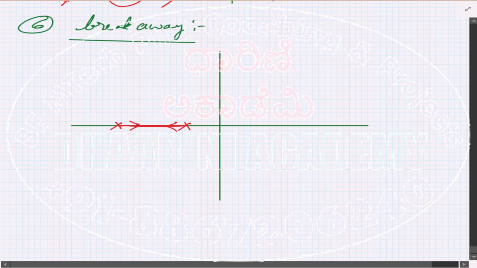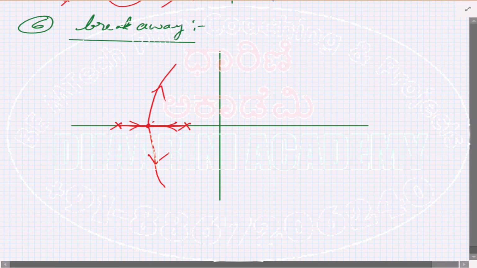In such a case we see that somewhere at the middle, it's not necessary that it's always the midpoint of the locations of the two poles, you will get a particular point called a breakaway point. It is said to be breakaway because the branches will go to infinity. From that point it's breaking out, so that's why it is breakaway.